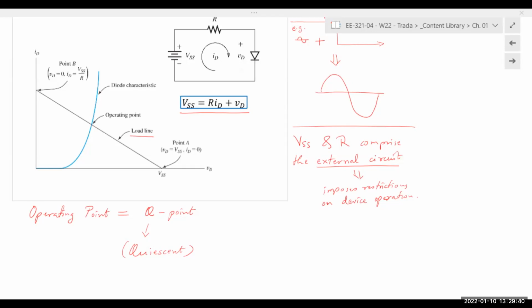My current might increase, so I'm going to move up and down this load line because the voltage across the diode is now changing. And when it goes negative, if that negative signal is large enough, it might even turn the diode off. It might reverse bias the diode, which is certainly a possibility.